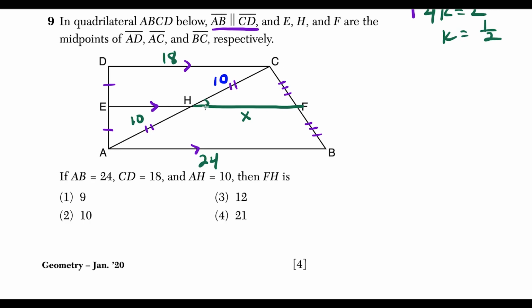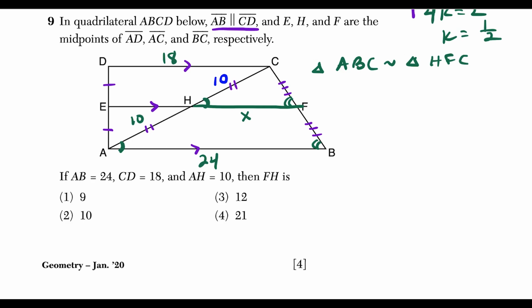So this angle here that I'm marking is going to be congruent to this angle down here. And because these two angles are corresponding, these two lines are parallel cut by transversal CB, these angles over here are going to be the same. So that tells us that triangle ABC is similar to triangle HFC. Notice they share a common vertex up here.